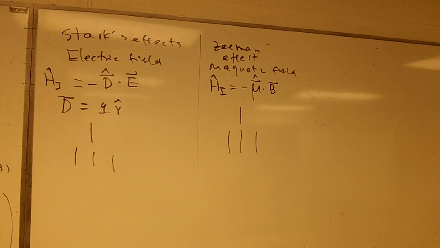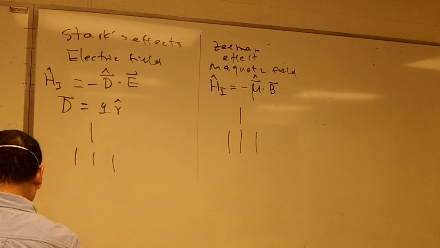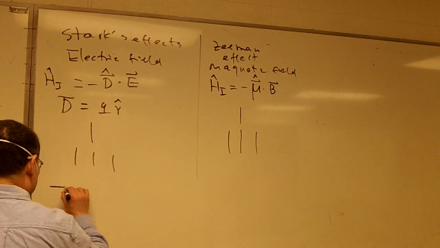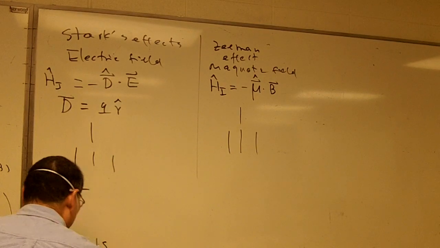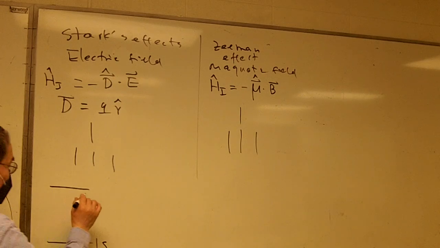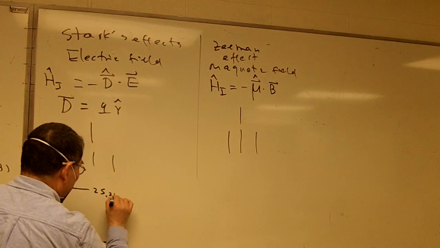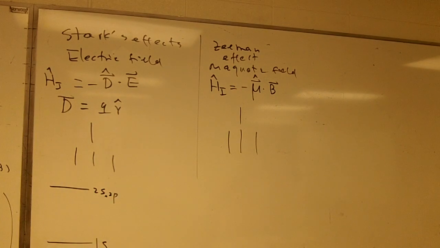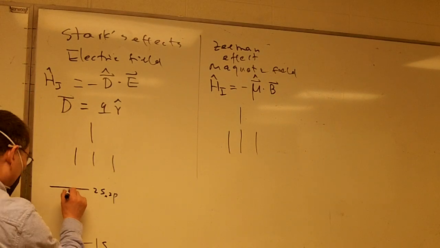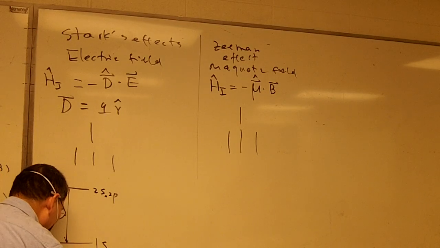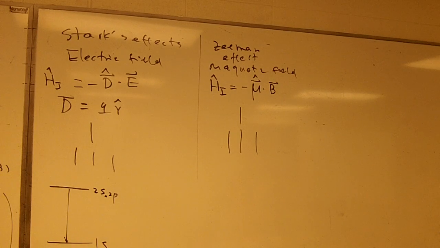How do we do that? Now let me show you what this actually means. In a hydrogen atom, we have the 1s orbital here, and we have the 2s, 2p orbitals over here. If we have no electric field, you have a transition back down, and you will see one line like this.